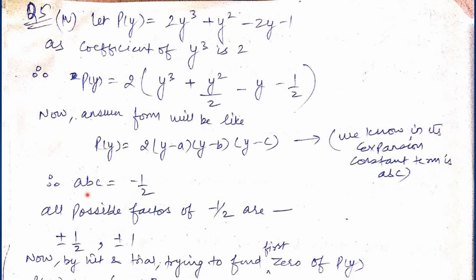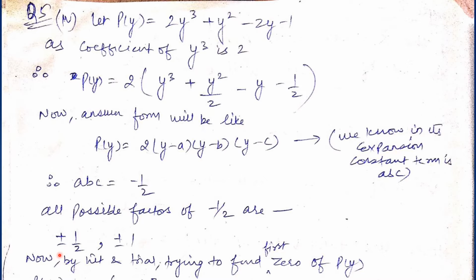So we can say abc equal to minus 1 by 2. Now we have to write all the possible factors of minus 1 by 2. These factors will help us to do the hit and trial methodology. So all the possible factors of minus 1 by 2 are plus minus 1 by 2 and plus minus 1.